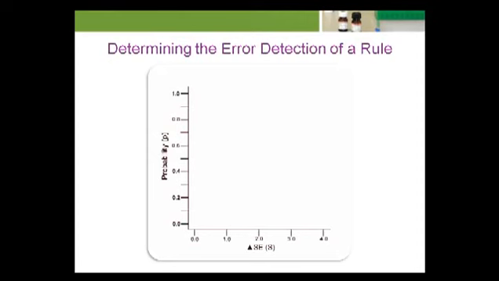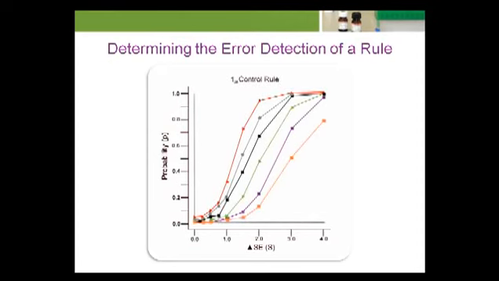The error detection characteristics of a QC rule can be plotted in what's called a power curve. The vertical axis is the probability of error detection. The horizontal axis is the size of the error. In general, as the size of the error grows, the probability of it being detected also grows.